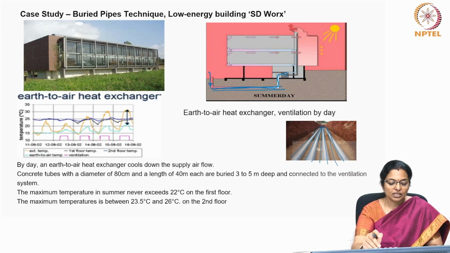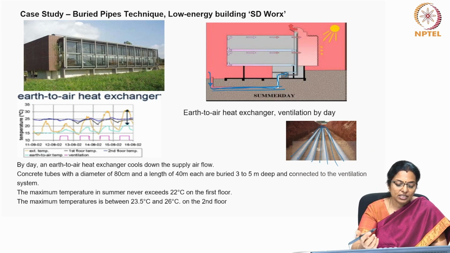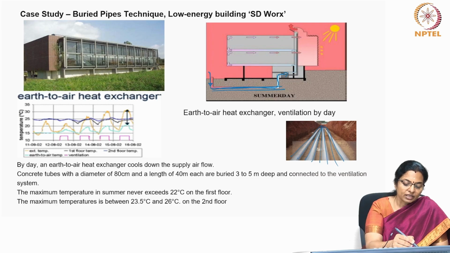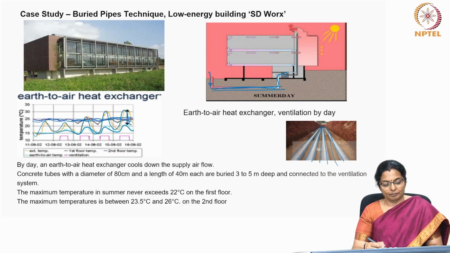And because of this, you can see the SD Works, this is the earth to air temperature. This is the temperature of earth to air, and this is the temperature of the external climate. The first floor temperature is almost stable here, and the second floor temperature is also on similar lines.